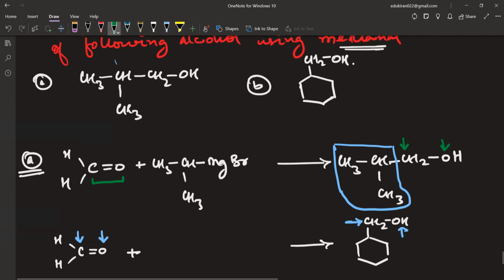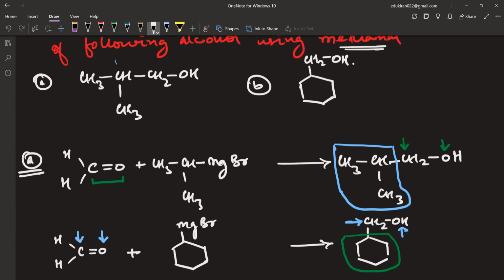Whatever is remaining, that means this portion till here, is coming from your Grignard reagent. So your Grignard reagent will be cyclohexyl MgBr. You have to put down MgBr from wherever you have broken the bond. Okay, write for these two.